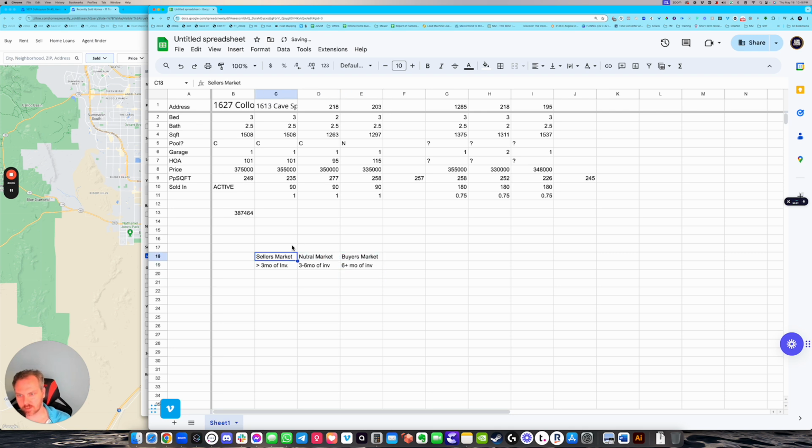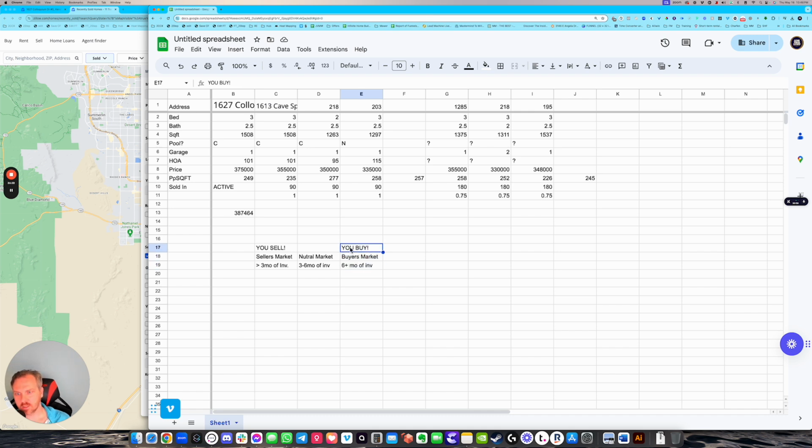Now, what does this actually mean? This means that if you sell here and you buy here, if you're selling in a seller's market, you're going to get paid more. You're going to get more negotiation. You're going to get full asking. There's going to be zero contingencies. In a buyer's market, you're going to pay less as a buyer. You're going to be able to ask the seller for contingencies and for concessions.